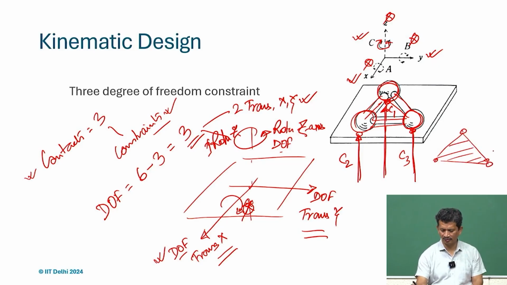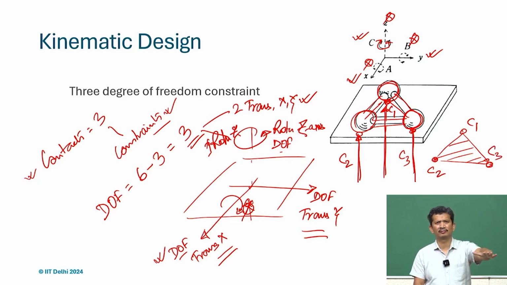It is unique, C1, C2 and C3, and a plane can be defined, and along that plane it will always be stable. And that is why we are talking about the 3 contacts, 3-legged chair, 3-legged table.